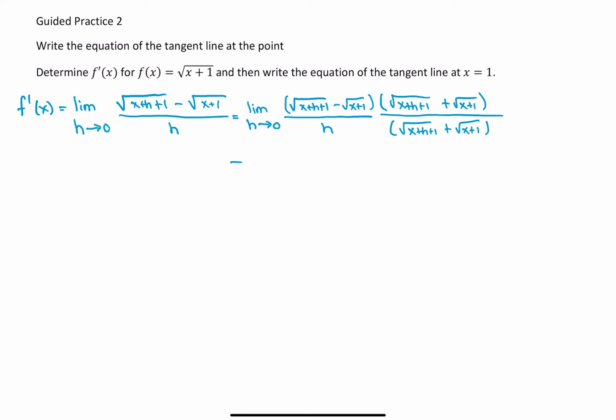So this looks very complicated, but I assure you that it's not.